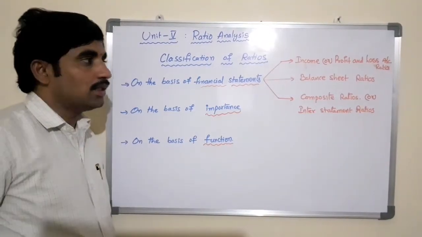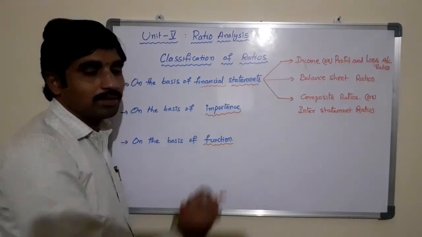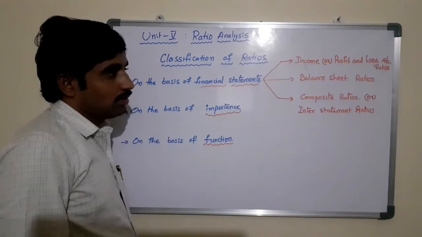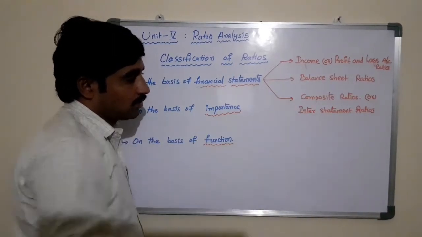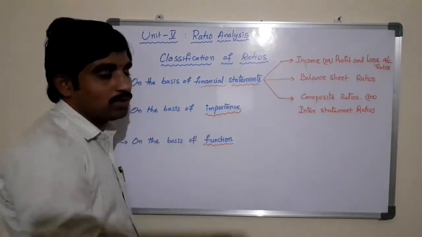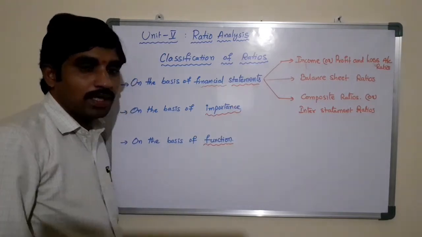Some ratios may use the data from the profit and loss account or the income statement. Some ratios may use the data from the balance sheet, and some ratios may use both statements, the income statement as well as the balance sheet.